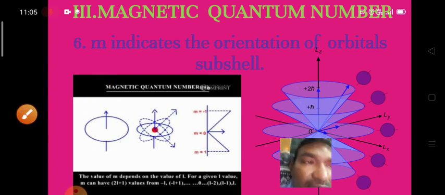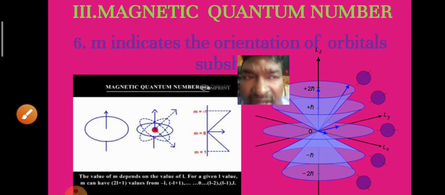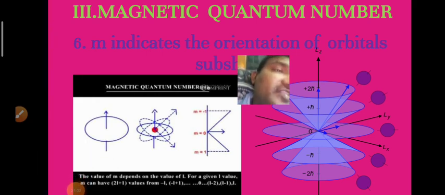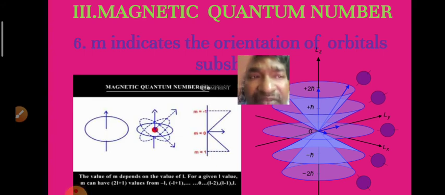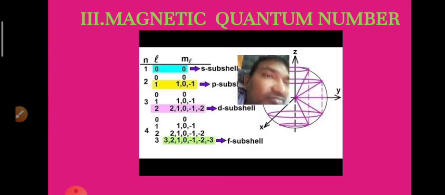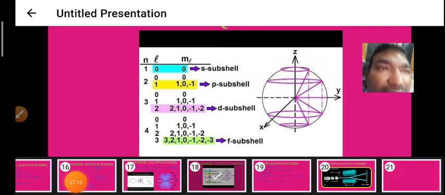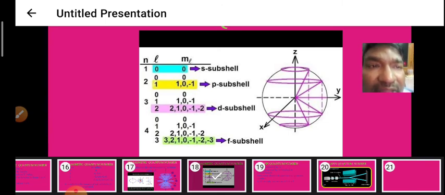So when atoms are kept in a magnetic or electric field, the orbitals may get different orientations, and this number of orientations is also quantized. Each orientation is called a subshell. The number of subshells or orientations can be known by using this table.